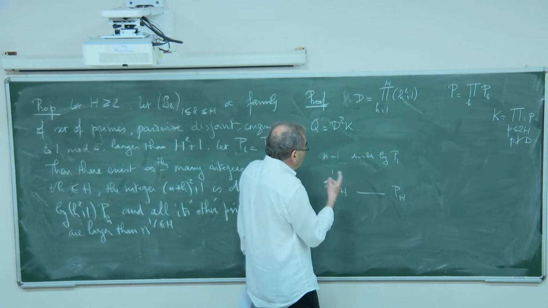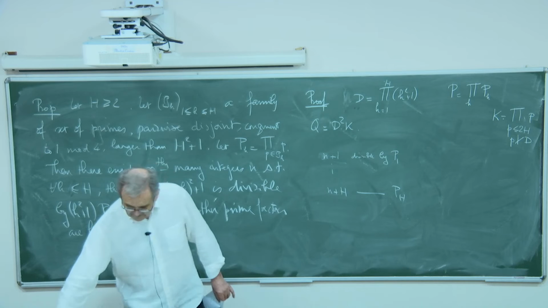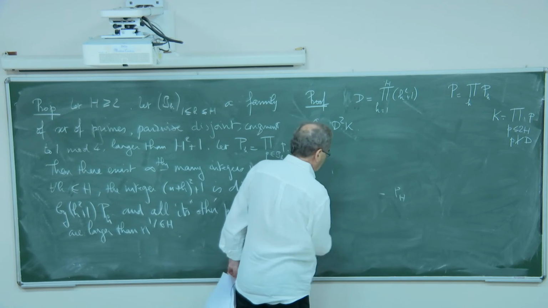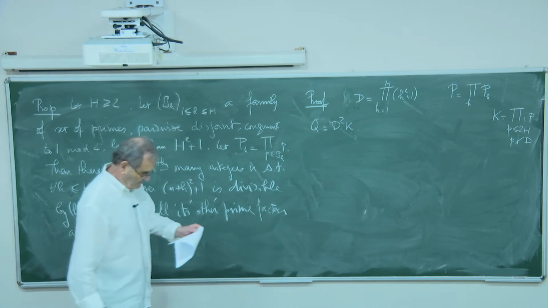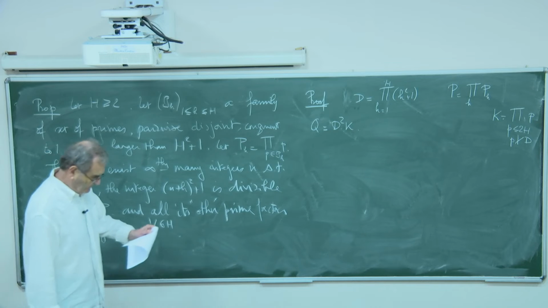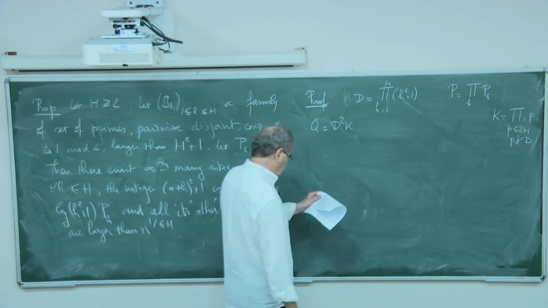So you have to be a bit more crooked, and this is what I try to tell you, how we can do that. So what we do is the following.